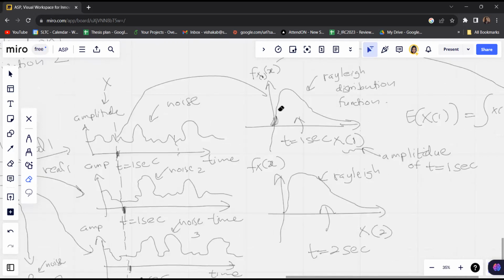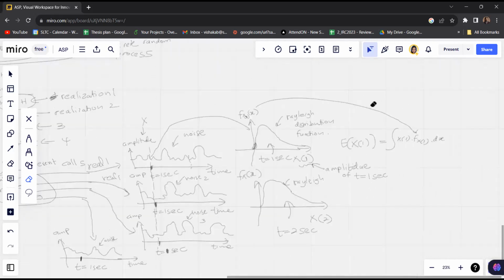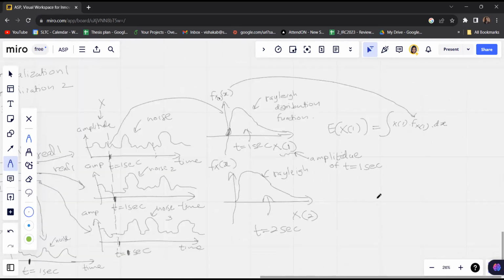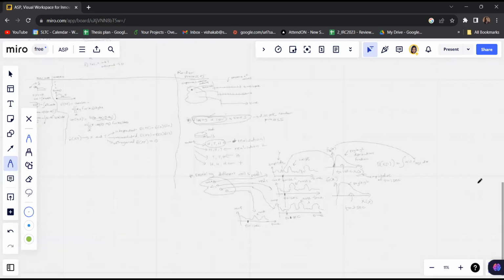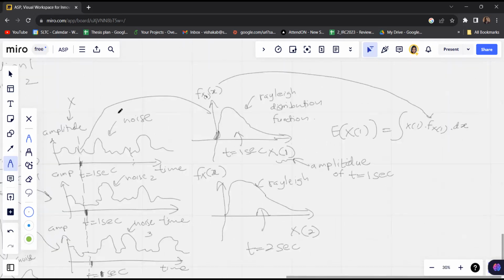If the probability density function is the same for each of those random variables, then we actually have a special situation, and we call that process a stationary process. We will get to that maybe in the next class as well. I will just explain here because we have that happening here.